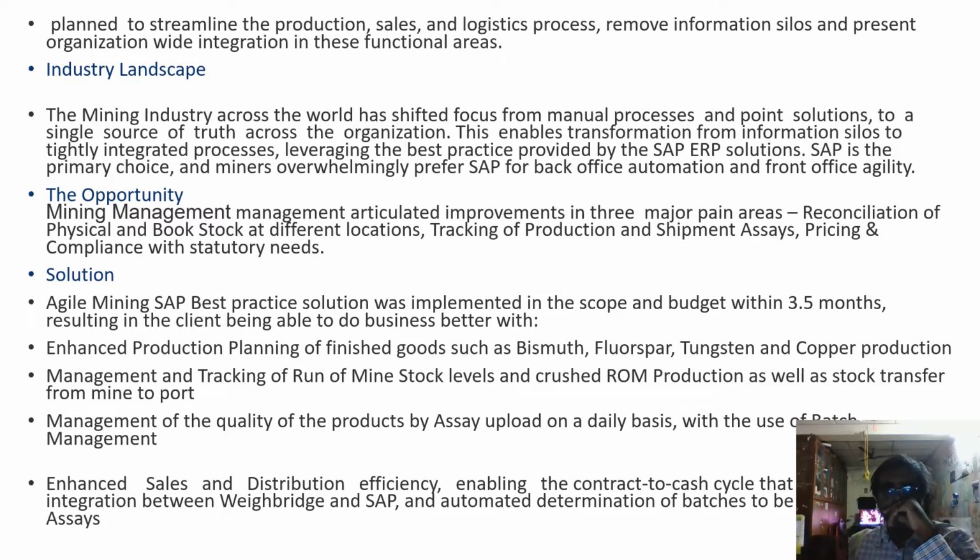And when coming to the solution, Agile Mining mainly focuses on SAP best practice solutions, which are implemented within scope and budget in 3.5 months, resulting in the client being able to take the best business decisions.